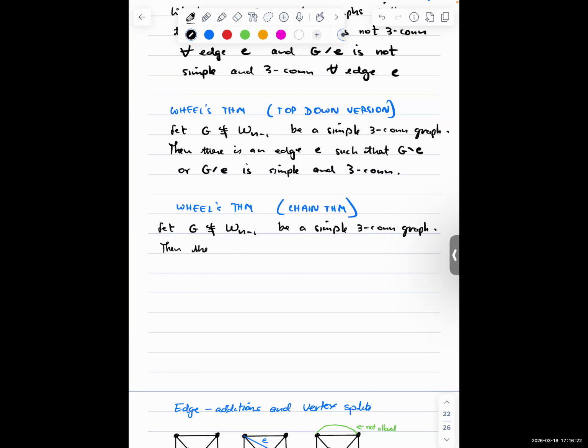Then there is a sequence of simple 3-connected graphs where you start with a wheel.